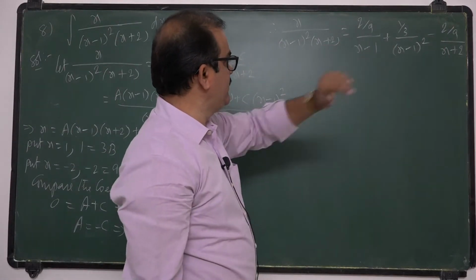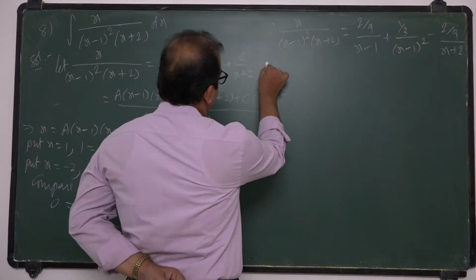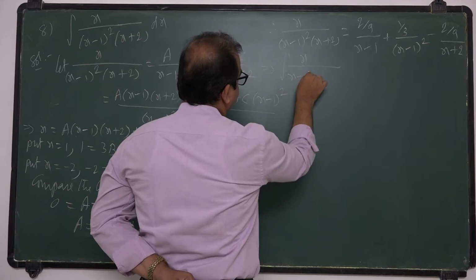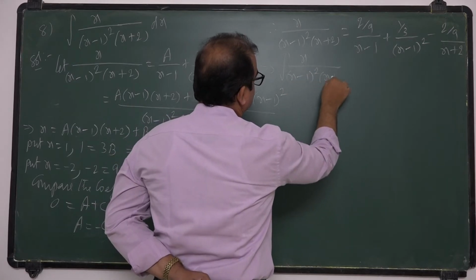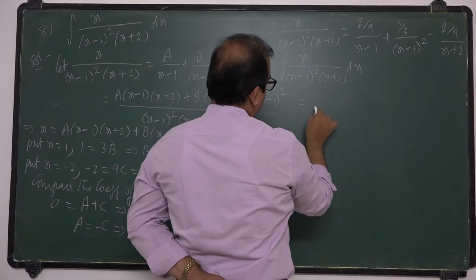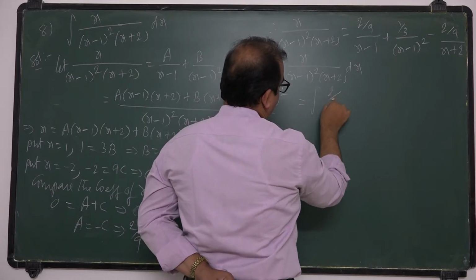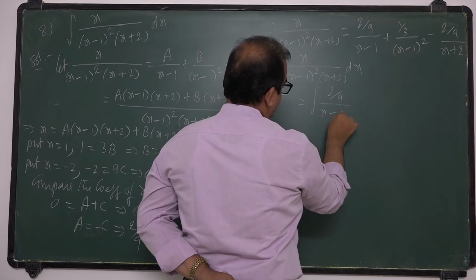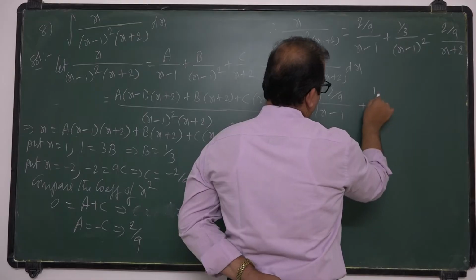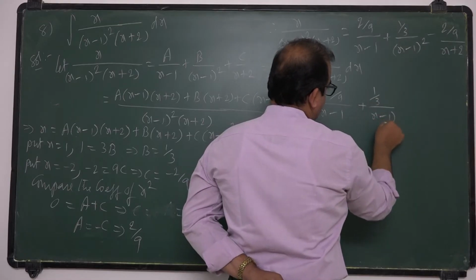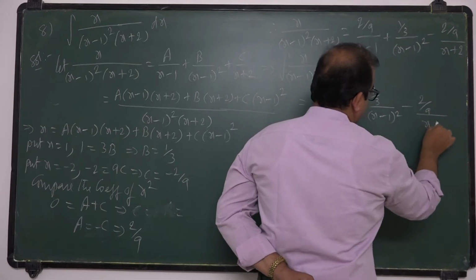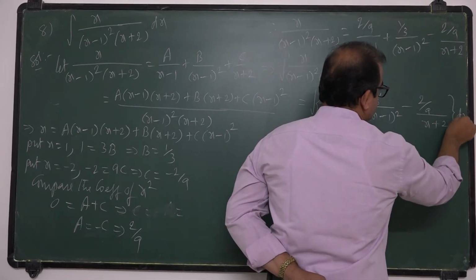Now, integrating both sides. Integral of x by (x minus 1) whole square into (x plus 2) is equal to integral of 2 by 9 by (x minus 1) plus 1 by 3 by (x minus 1) whole square minus 2 by 9 by (x plus 2) into dx.